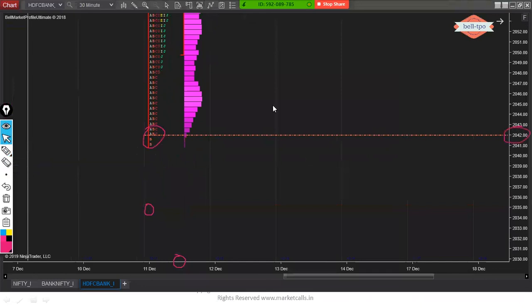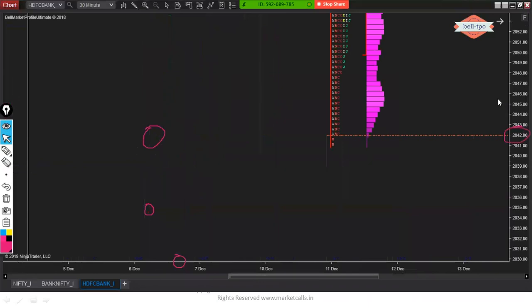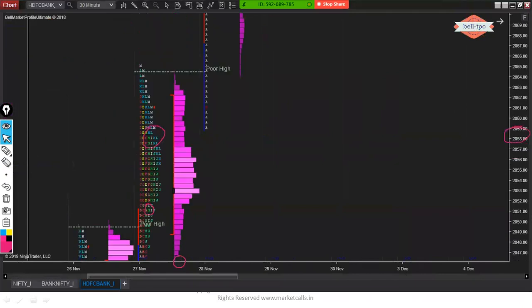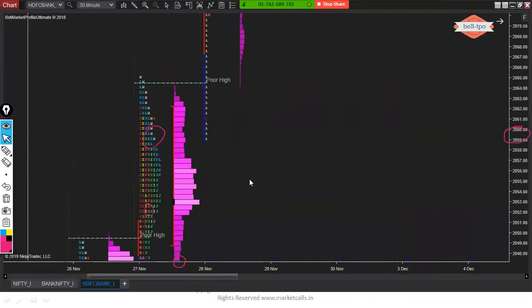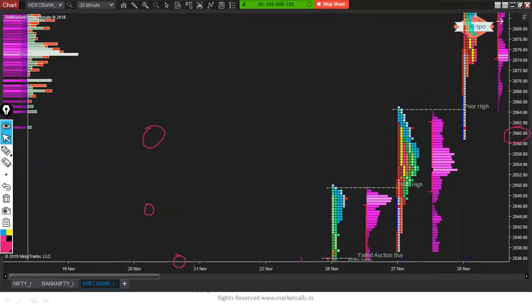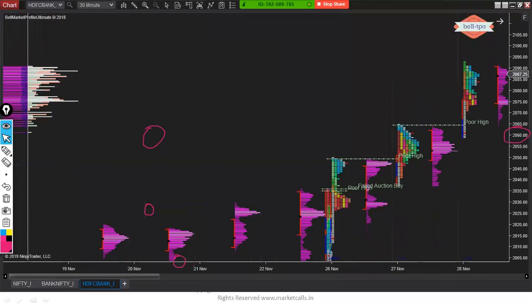One of the references, a similar AB poor low, was there around November, around 2000 levels.